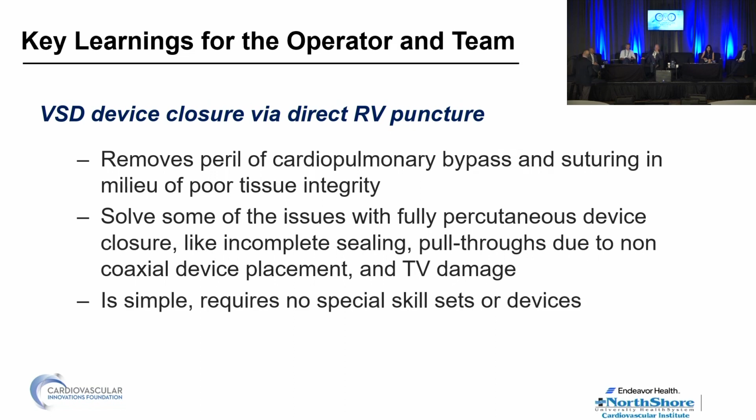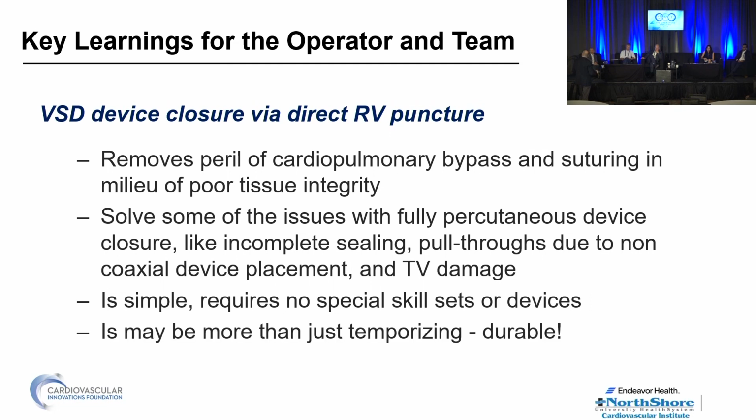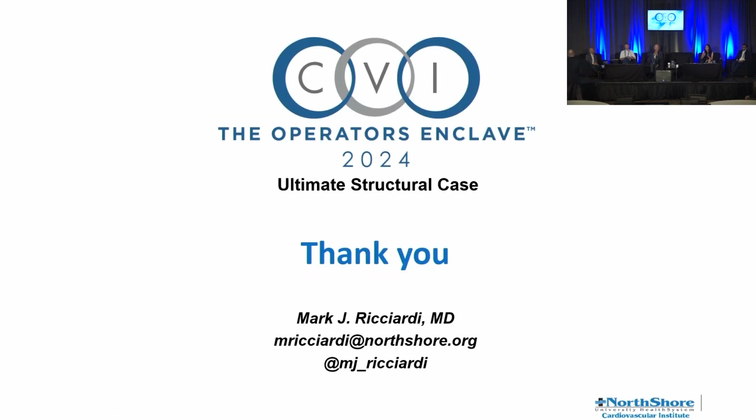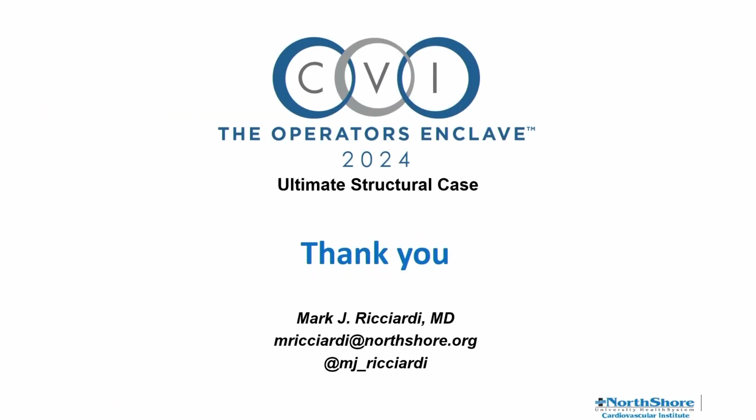And it's really incredibly simple, and we've learned that it's not just a temporizing thing, but it could be very durable. All right, fire away. I do think this is, in my mind, the way VSD should be closed in the MI setting.